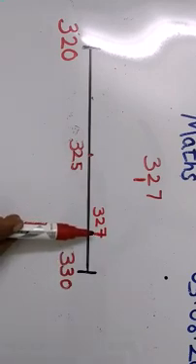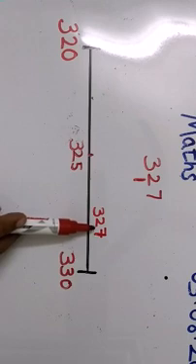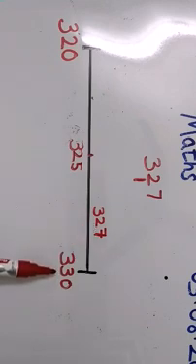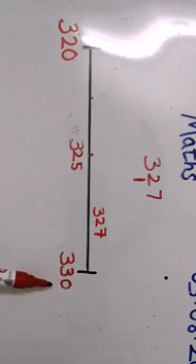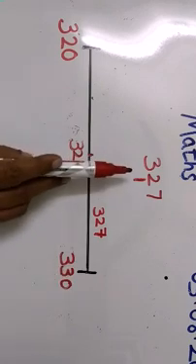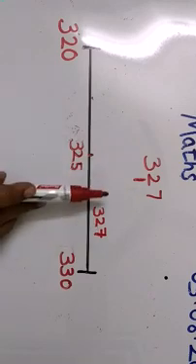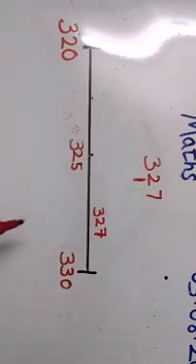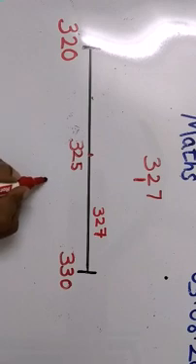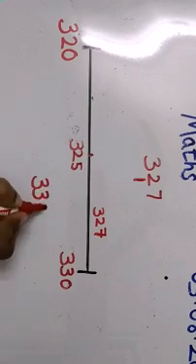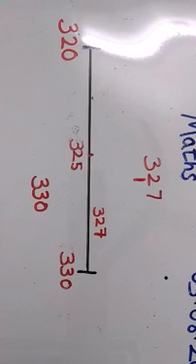Now look at this number, children. It is closer to 330, the higher tens over here. So if I round this number 327, my nearest 10 would be 330.